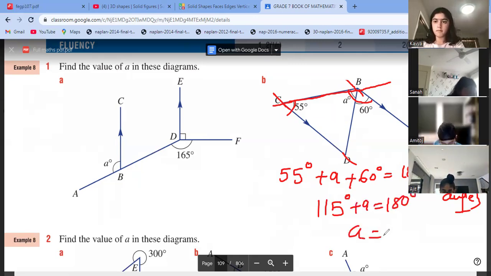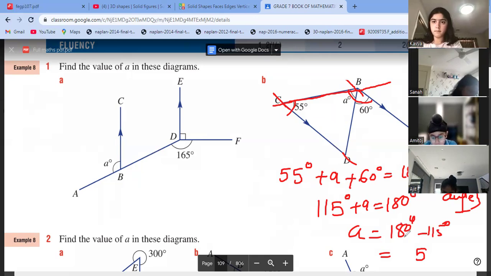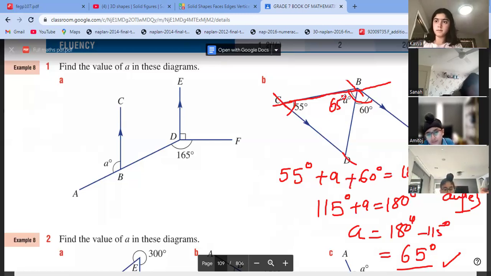What is the value of A then? That will be equal to 180 degree minus 115. Just subtract it. So 65 degree. Got it? So this is equal to 65 degree. Write it down in your notebook, this question.